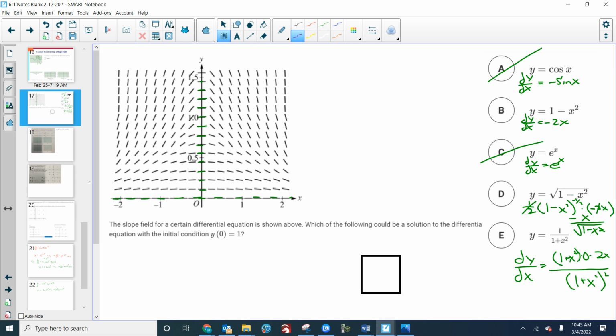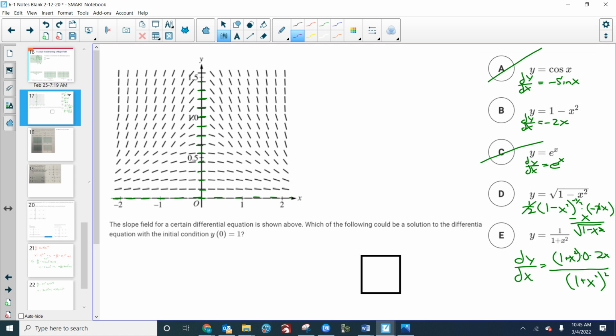All right, next one. Let's look at D. When x is positive, the numerator is negative. What's wrong with the denominator?